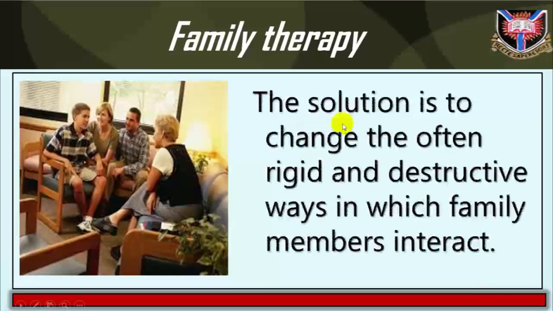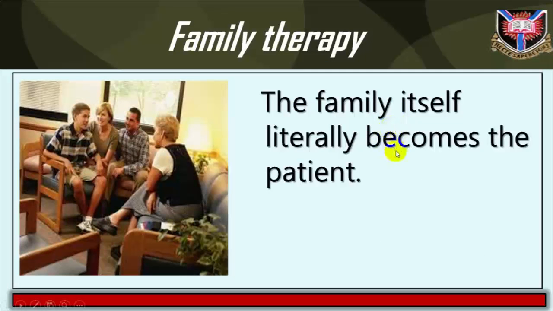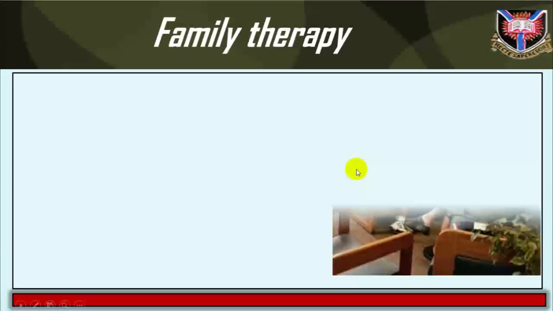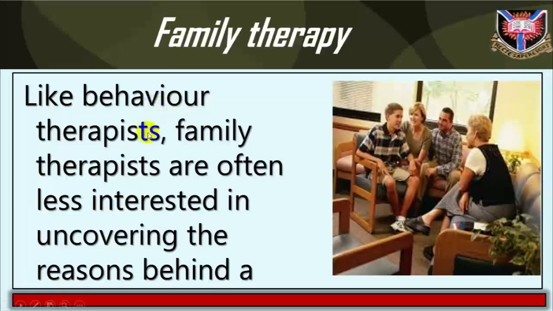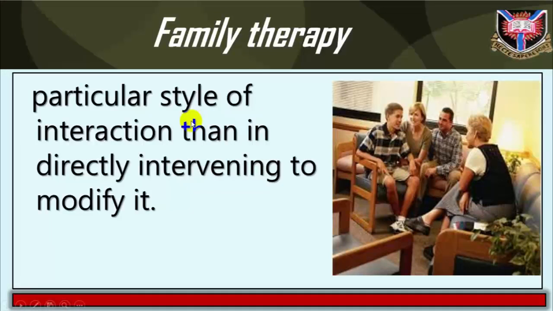The solution is to change the often rigid and destructive ways in which family members interact. The family itself literally becomes the patient. Like behavioral therapists, family therapists are often less interested in uncovering reasons behind a particular style of interaction than in directly intervening to modify it.